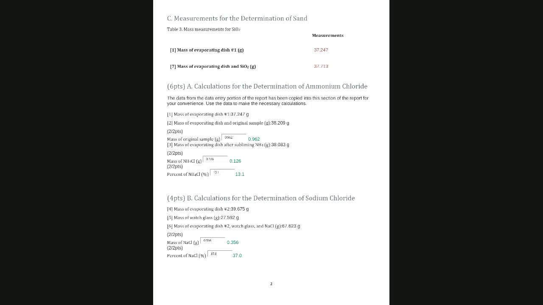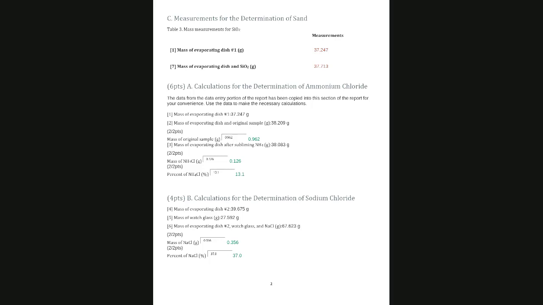So let's look at part A. This is the first thing you will have to do. Remember the first part in the experiment. What was the first part? If you remember, we sublimed the ammonium chloride.